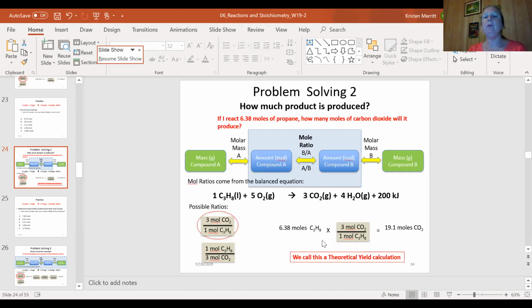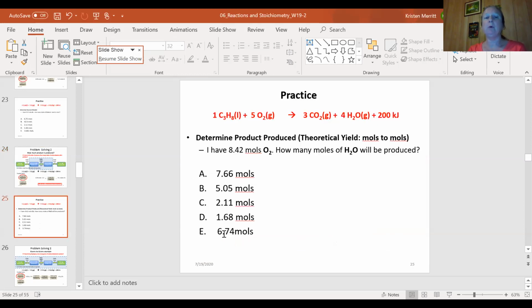Theoretical is because you're calculating this. In a perfect world, this is what you'll get. However, we rarely are in a perfect world. Most of the time you do an experiment, you are not going to produce exactly what you calculated.